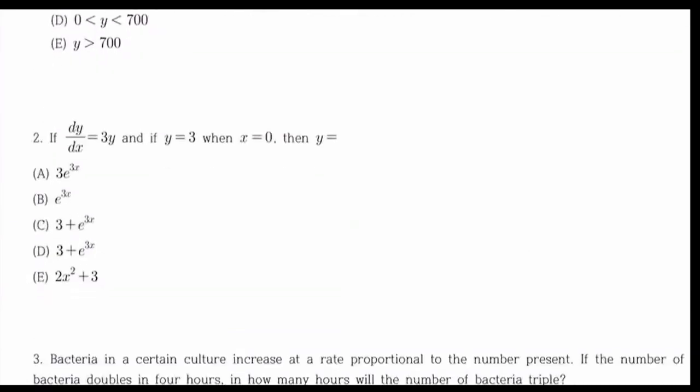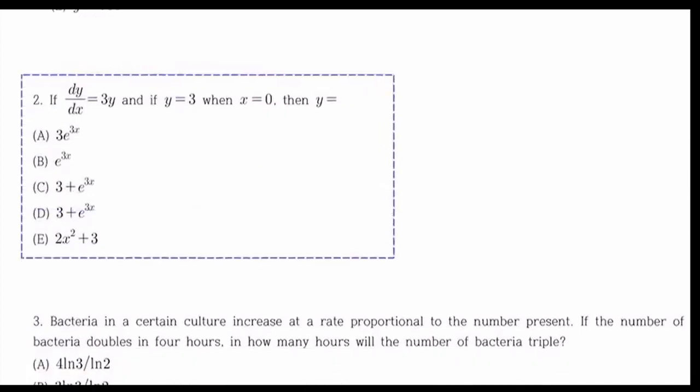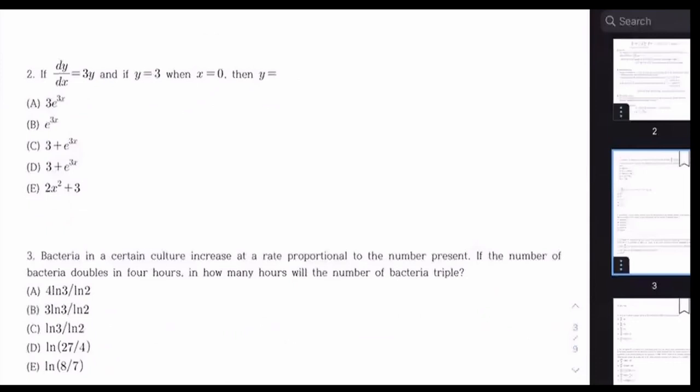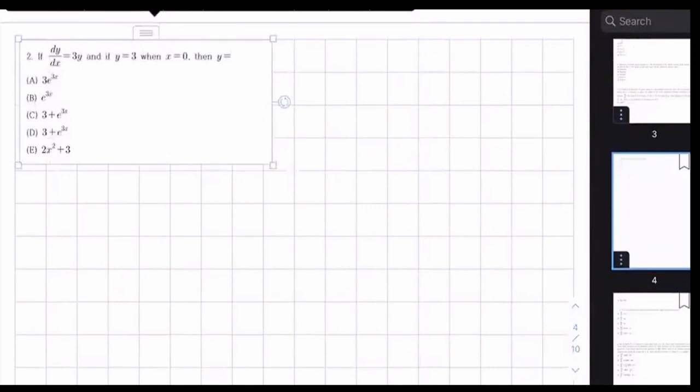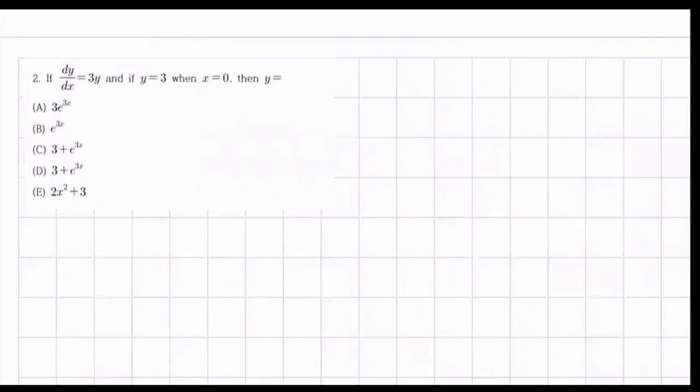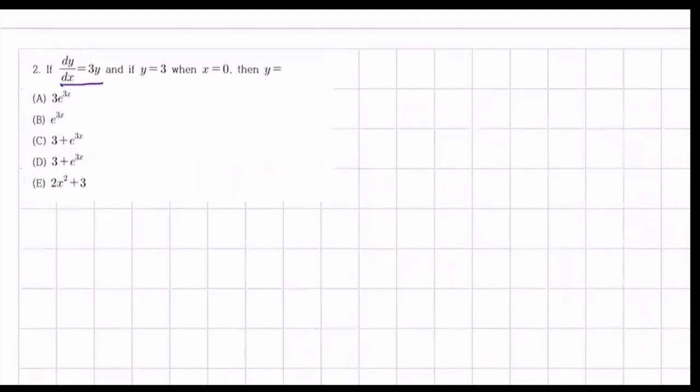Number 2. Okay. If dy over dx equals 3 times y, and if y equals 3 when x equals 0, then you should find this function y.